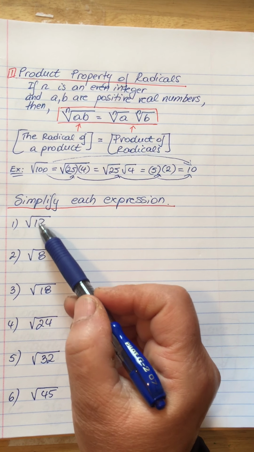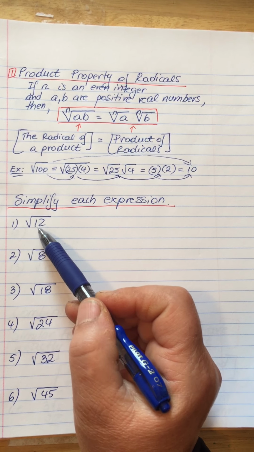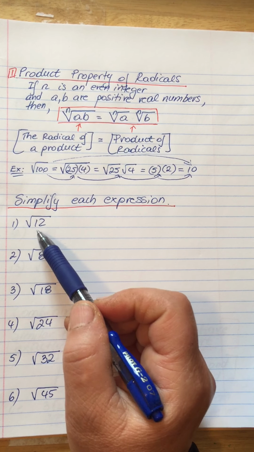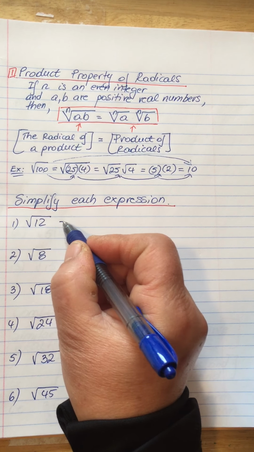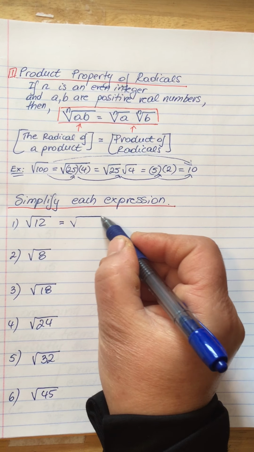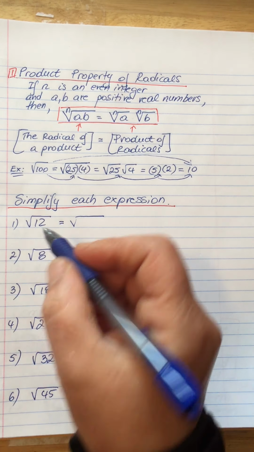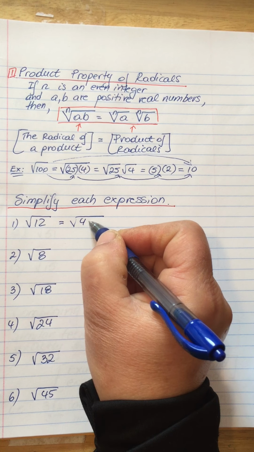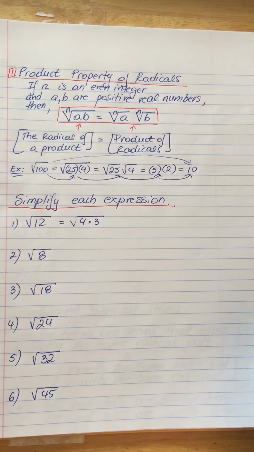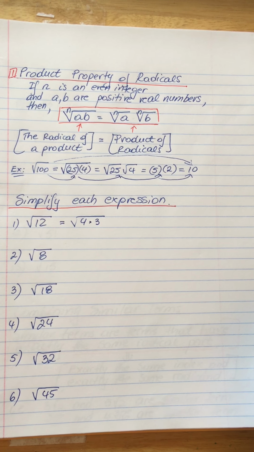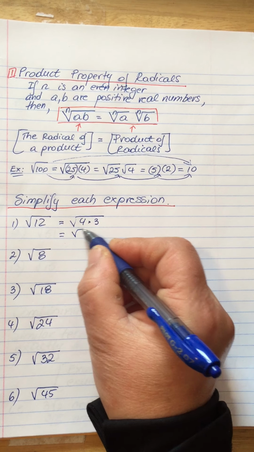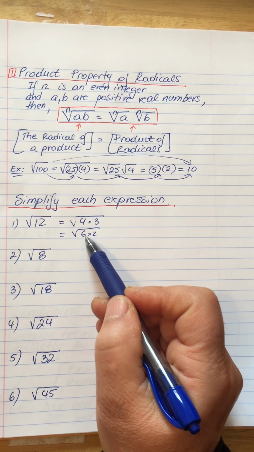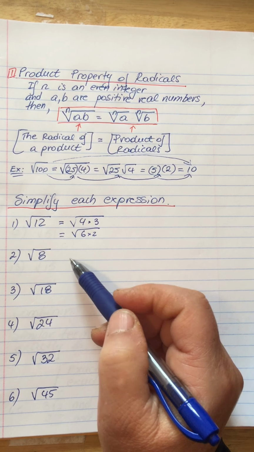We want to find the square root of 12, but 12 is not a perfect square number, so we are trying, based on this property, to simplify it. I can write 12 as a product of two positive numbers. 12 is 4 times 3, and I'm very interested in writing 4 times 3. 12 is also 6 times 2, but I'm not interested in 6 times 2 because 6 and 2 are not perfect square numbers.